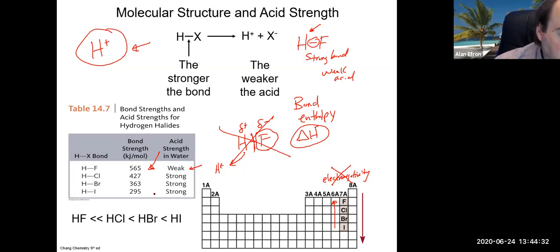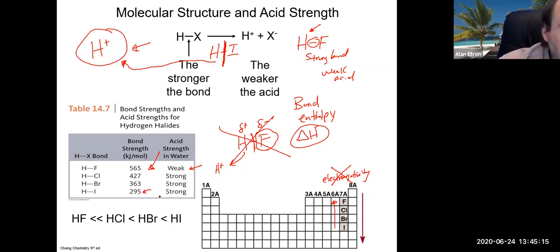As opposed to when we get down to the bottom of the group, where we have HI, the bond is much weaker. When we look at hydroiodic acid, the bond between the hydrogen and the iodine is relatively weak, which means it doesn't take a lot of energy to break that bond apart. And if it doesn't take a lot of energy to break that bond apart, the H plus can come off pretty easily. And if the H plus can come off easily, that essentially means it's a stronger acid. So when we look at this type of acid, again, one that does not contain oxygen, the order of strength is what we see at the bottom there.